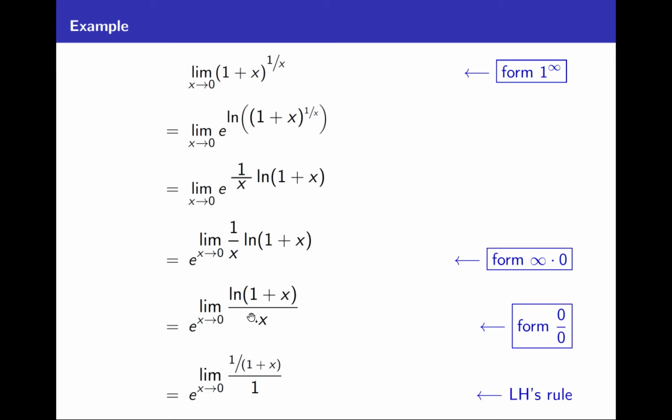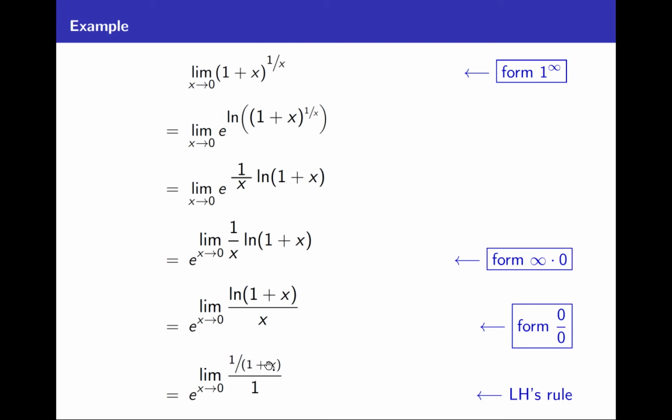And applying L'Hopital's rule, we have on the bottom the derivative of x is 1. The derivative of ln of 1 plus x, remember, is 1 over 1 plus x times the derivative of 1 plus x, which is the reciprocal of 1 plus x. So there was L'Hopital's rule. And, oh, look at this. x is going to 0.